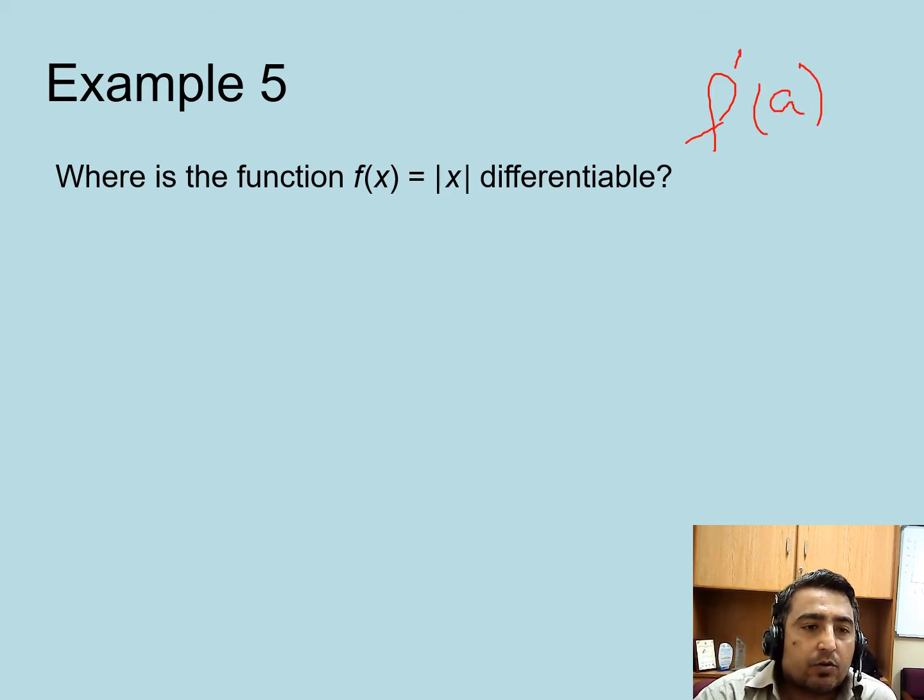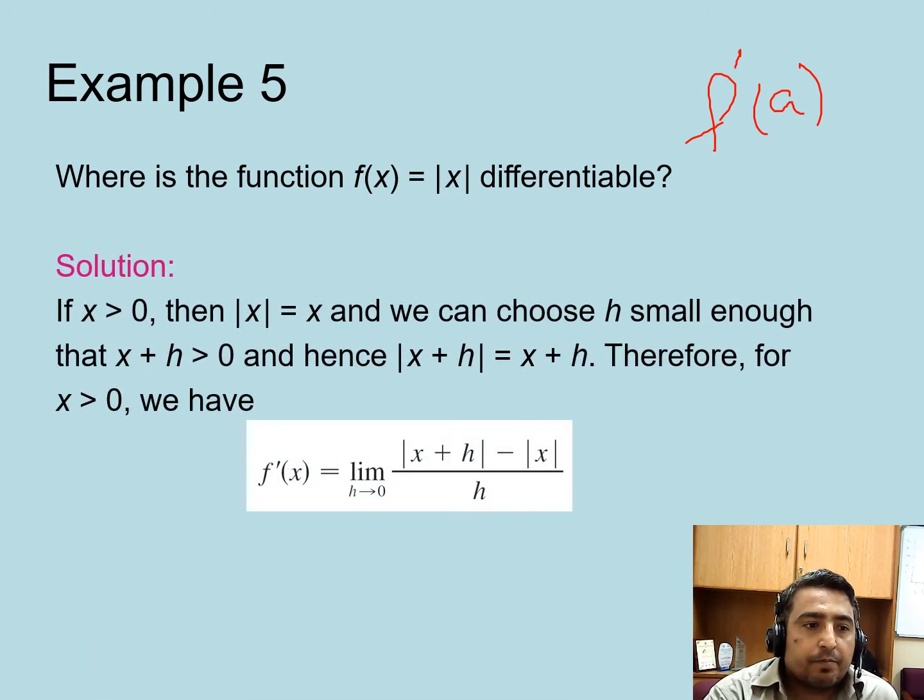Now look, this example is tricky. I discussed the same example in the class, and the graph of this function has a corner, a point where the derivative is not possible because at that point the tangent doesn't exist. So look, if x is equal to 0, then this is equal to simply x, because you just plug in x and you get 0.